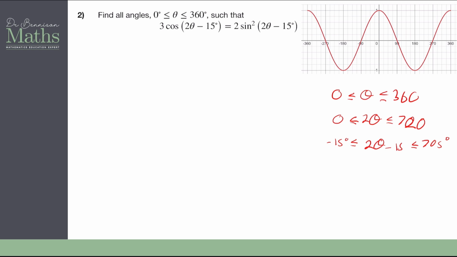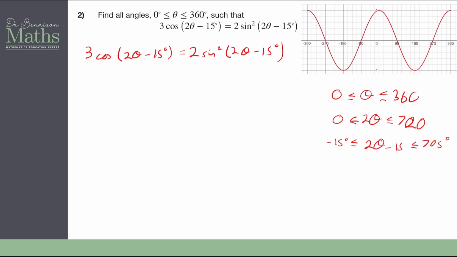Right, so we're going to start here. So 3 cos (2 theta minus 15 degrees) is equal to 2 sine squared (2 theta minus 15 degrees).